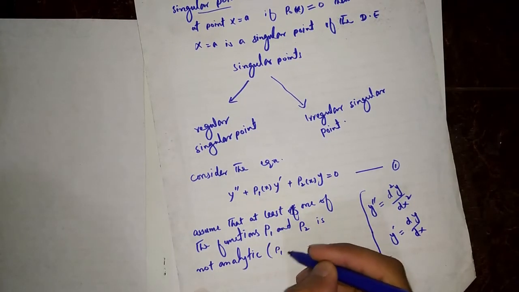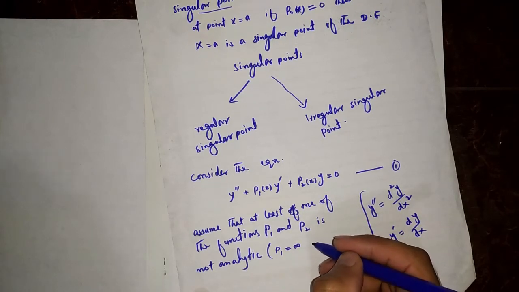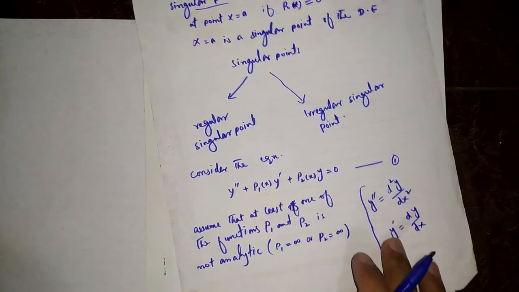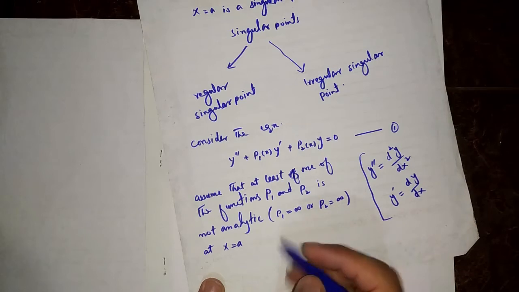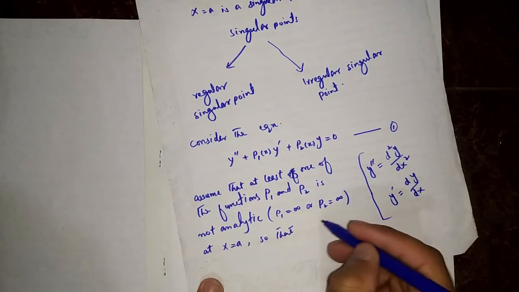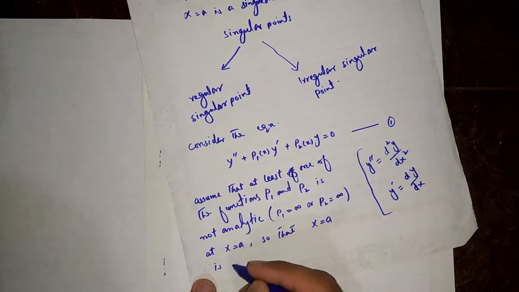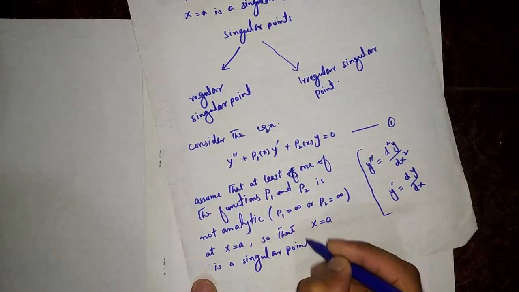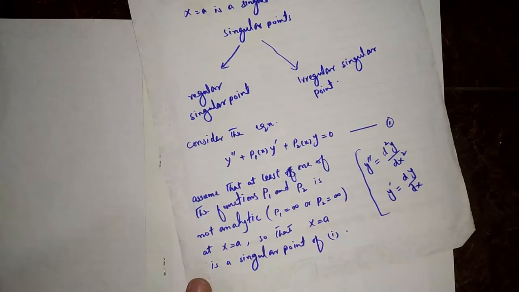By analytic we mean that if p1 is equal to infinity or p2 is equal to infinity at x equals a, so that x equals a is a singular point of the given differential equation. Clear?